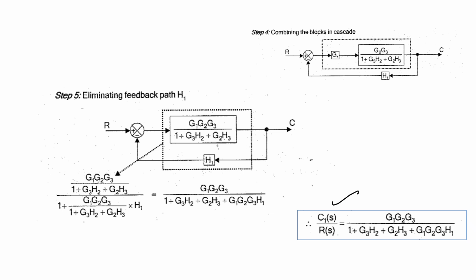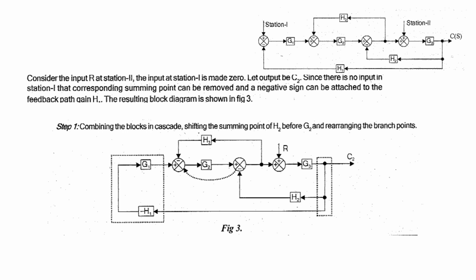Now we are going for case 2. In that case, we will consider the input for station 2 to be available and station 1 to be considered 0. So this summing point becomes eliminated, and you cannot find the summing point available here.